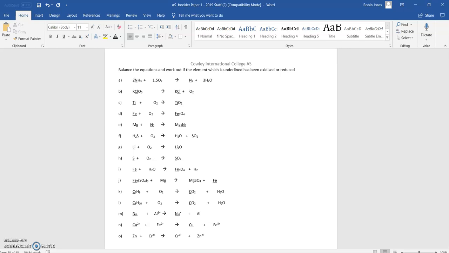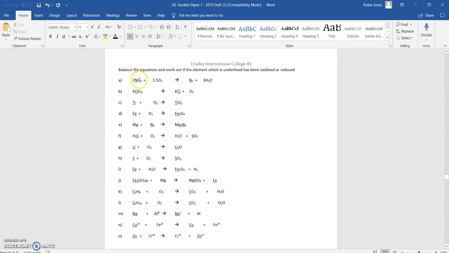So that or that doesn't make any difference to the oxidation number, the oxidation state of the nitrogen. It's still -3.